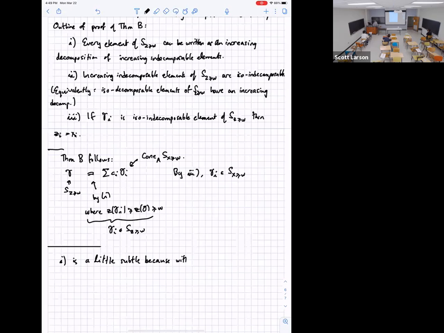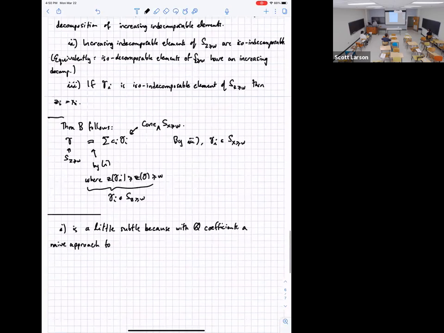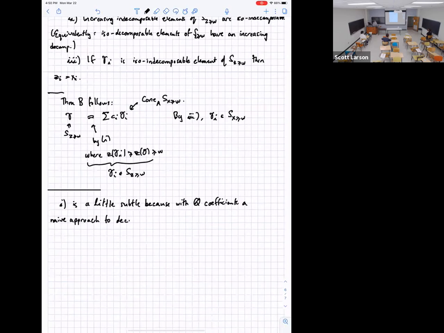With Q coefficients, a naive approach to decomposing may not terminate. So let me just give you a model example.